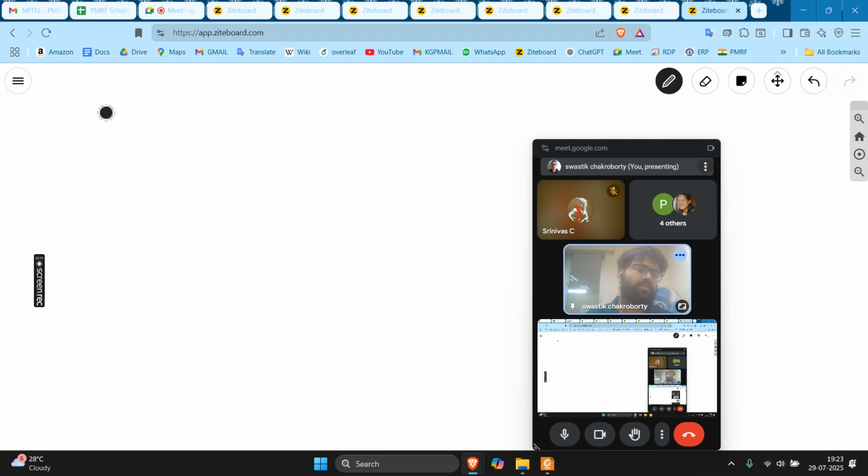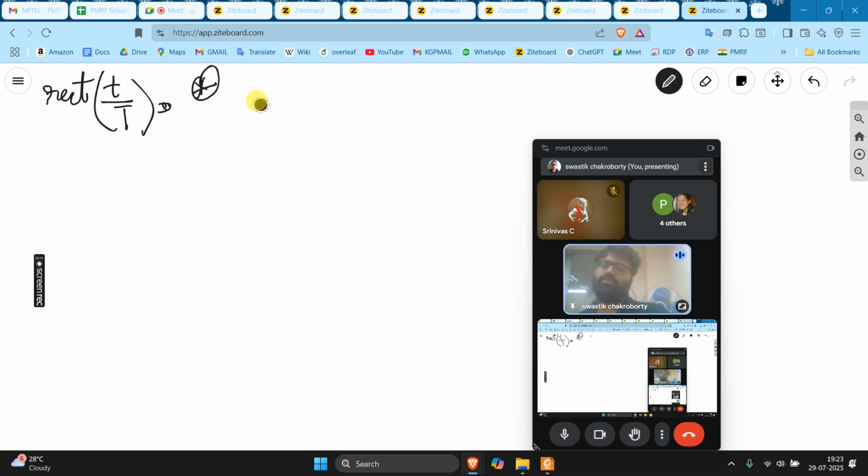Okay, this will be a little bit tedious, so follow me. So here we have to convolve rectangular t by T with itself. Now rectangular t by T only exists between minus T by 2 to T by 2.